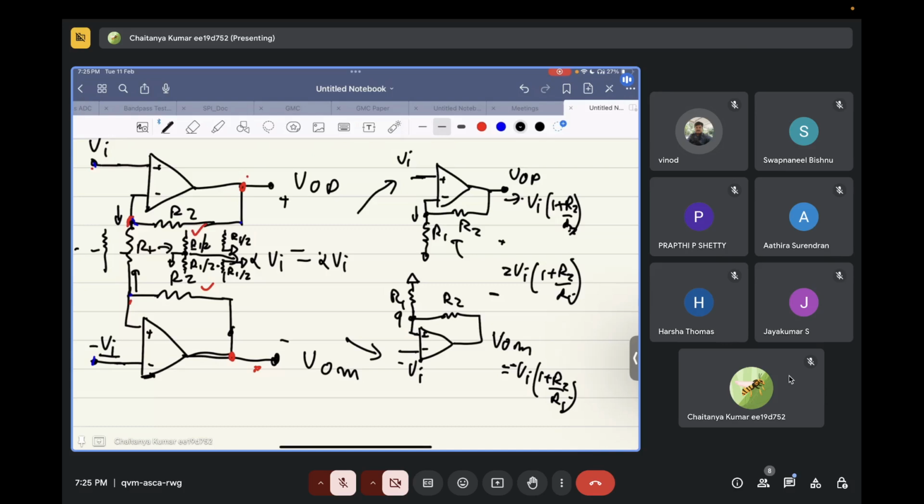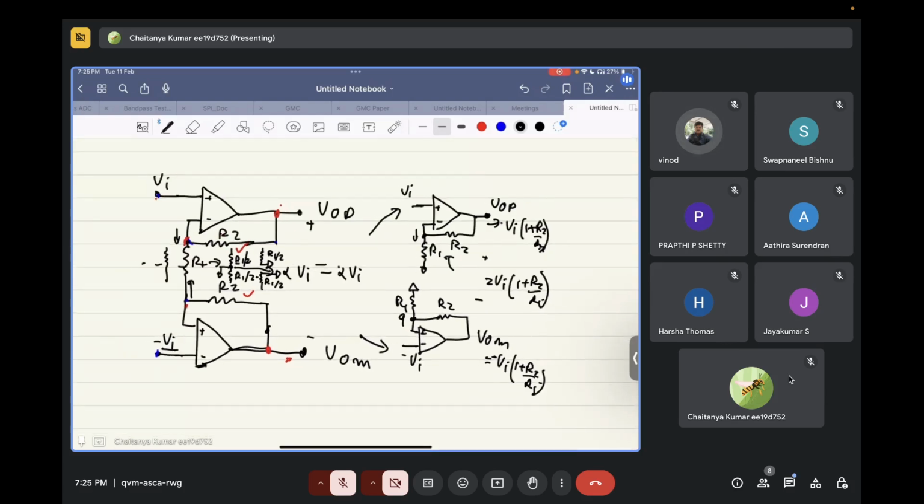Okay, so any other doubt in this? Now, whatever voltage comes, you can apply to the second stage and find out the answer for the differential gain. Any other doubt in this?